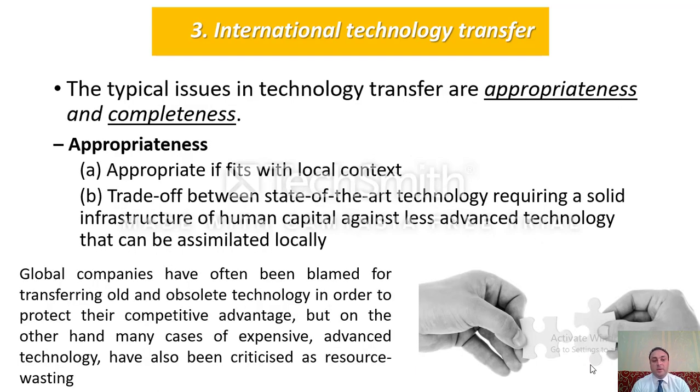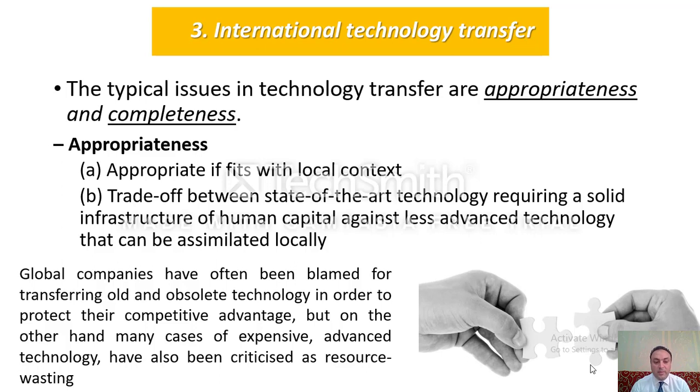So there are two main issues in technology transfer. We have to focus on appropriateness and completeness. Appropriateness means fitting with the local context, as a trade-off between state-of-the-art technology requiring a solid infrastructure of human capital against less advanced technology that can be assimilated locally.